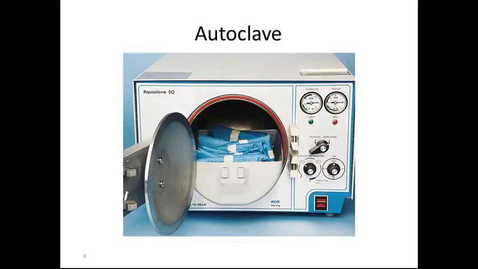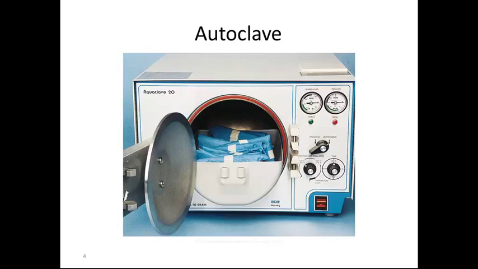The autoclave is used, and the action of the autoclave is steam under pressure. The steam simultaneously heats and wets the object. When the cycle is finished, the chamber has cooled and the microbes have been totally destroyed.